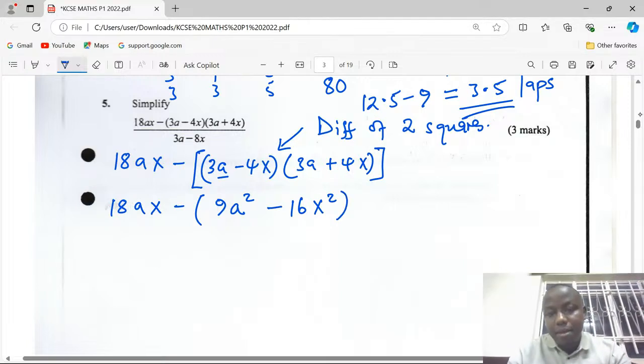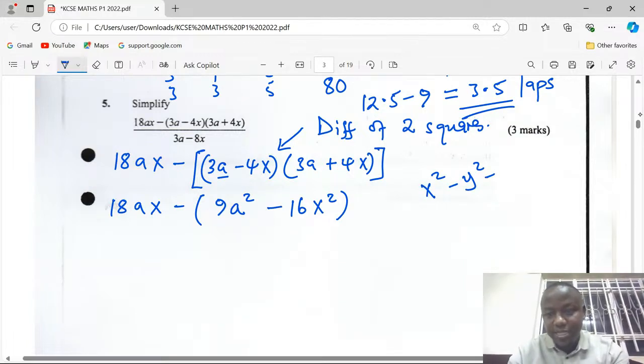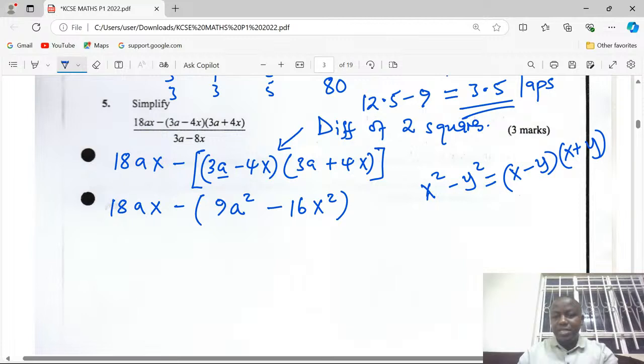Remember, when we have x squared minus y squared, this is a difference of two squares. Generally, it should be factorized as x minus y multiplied by x plus y. Because we have the factorized side, we can get the expanded form very quickly.